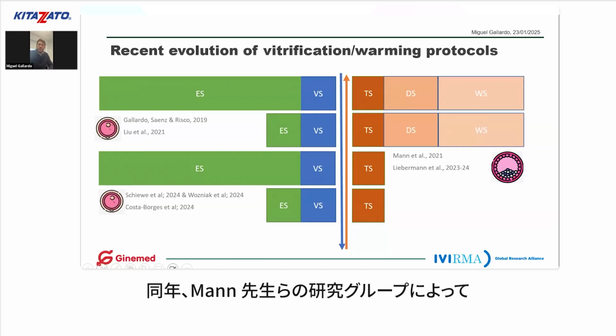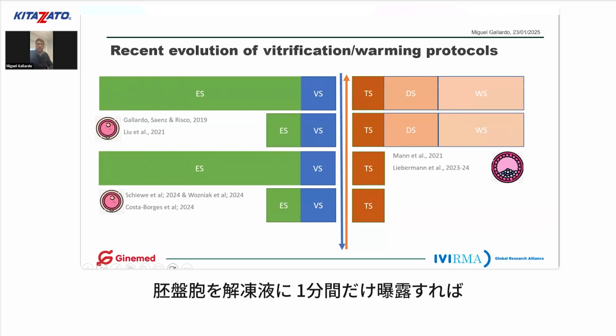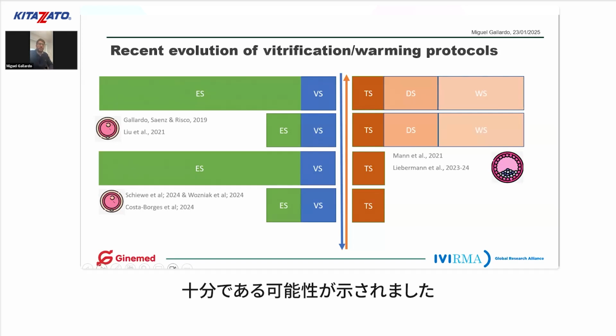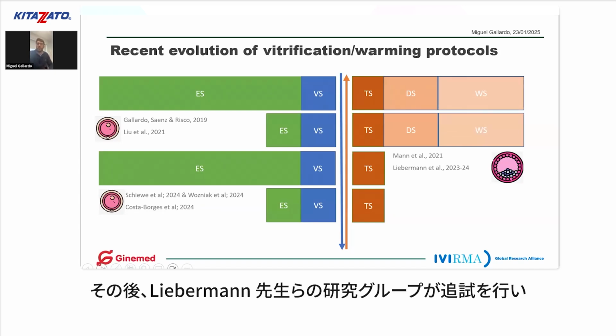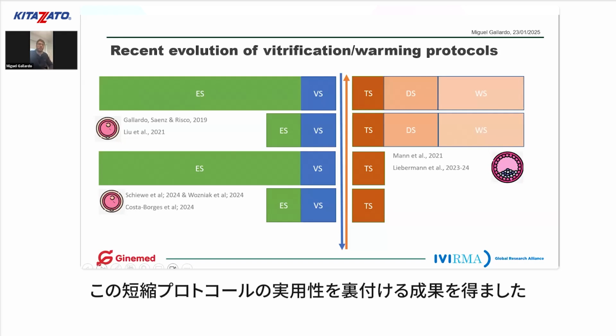That year as well, it was reported by the group of Man that maybe on the elution part, the rehydration after warming, we could expose the blastocysts to only 1 minute of thawing solution, and that would be enough. And that was followed up by the group of Lieberman, where they tested and gathered a lot of preclinical and clinical evidence of the feasibility of this short protocol on that side of warming as well.